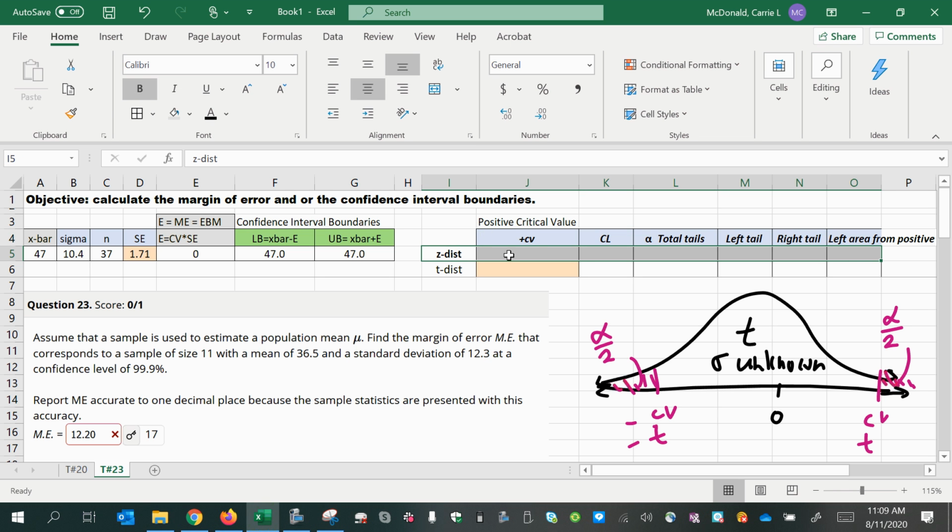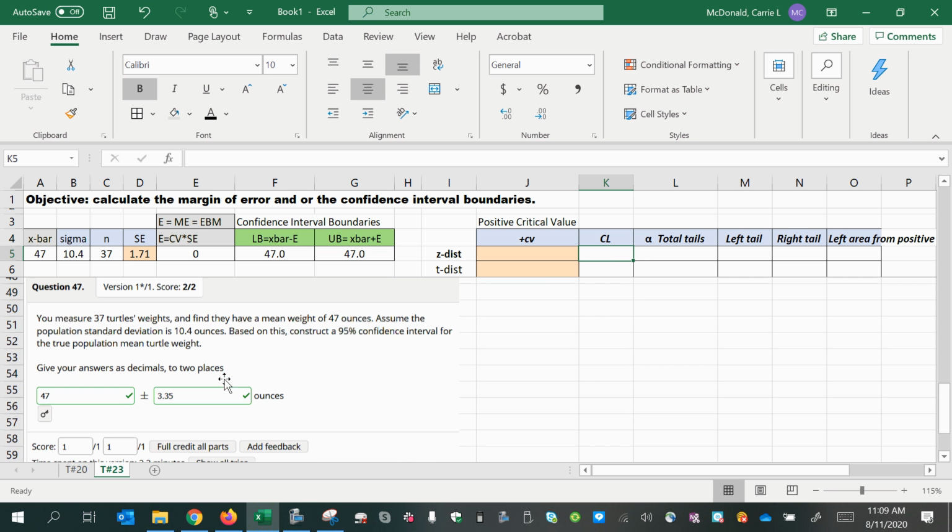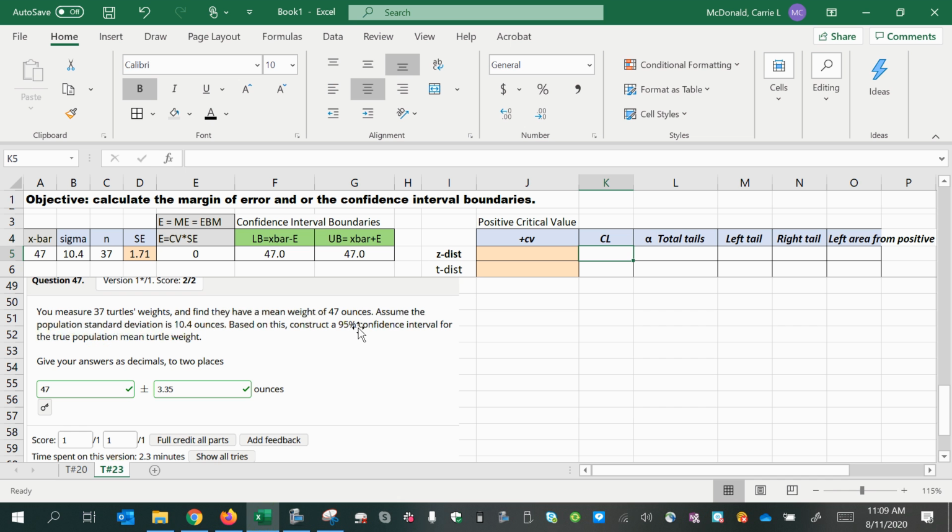Okay, so now I'll put my confidence level in, find my problem again. My confidence level is 0.95. And now I'll go ahead and find the critical value and calculate the margin of error and the boundaries.